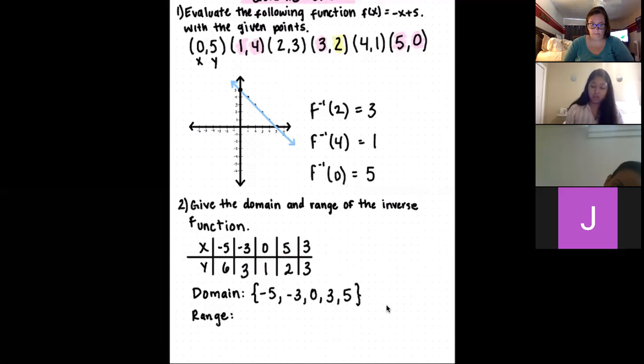Now the range is going to be my y values. So I'm going to start the same with my squiggly line. And what would be my first number? Out of my y values, which one's my smallest number? 1. Perfect, thank you. And then? 2.